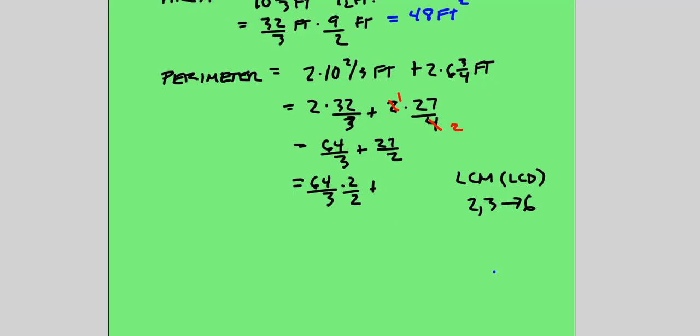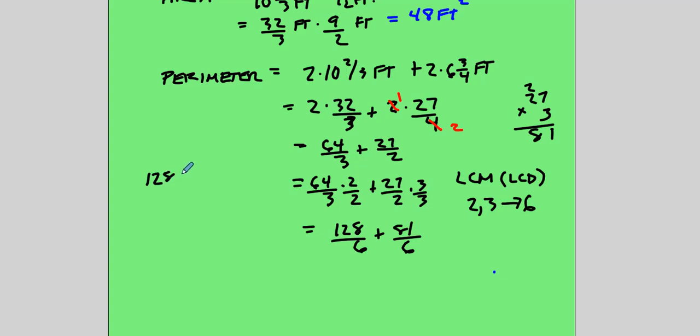So 27 over 2 times 3 over 3. There we go. So that's 128 over 6. 27 times 3, carry a 2 there, that's 81 over 6. So 128 plus 81, that's 9, 10, carry a 1, that's 209. So we end up with 209 over 6 feet.